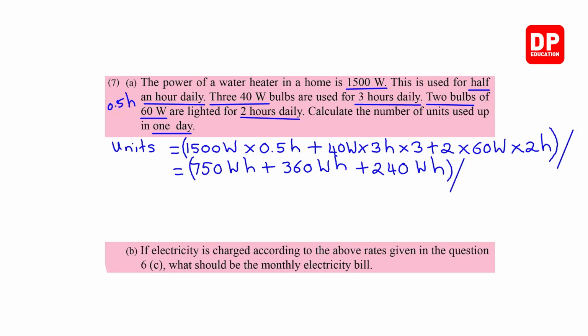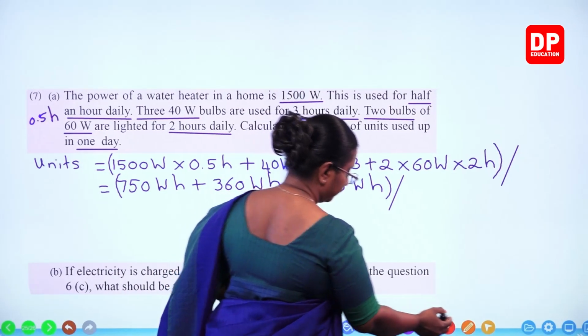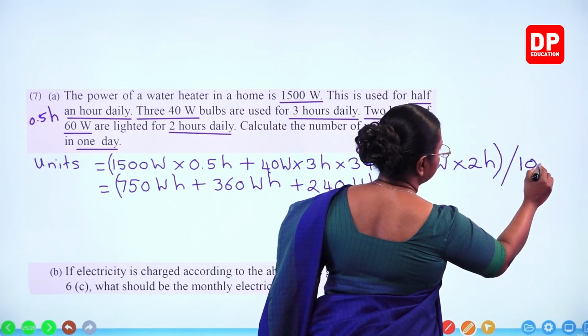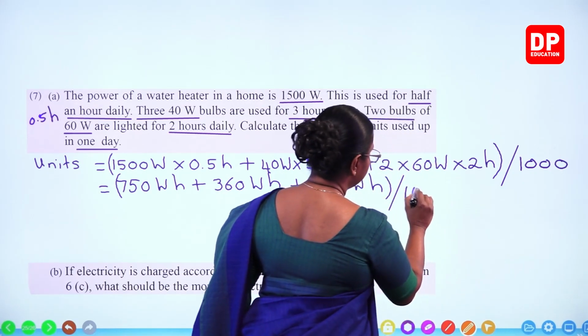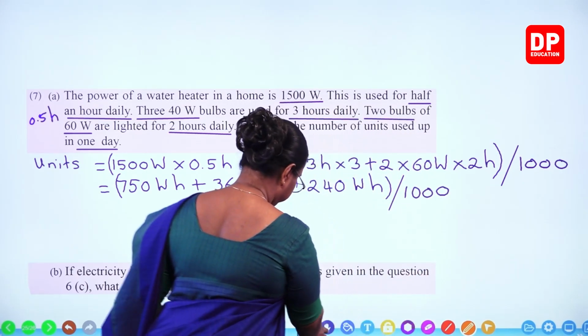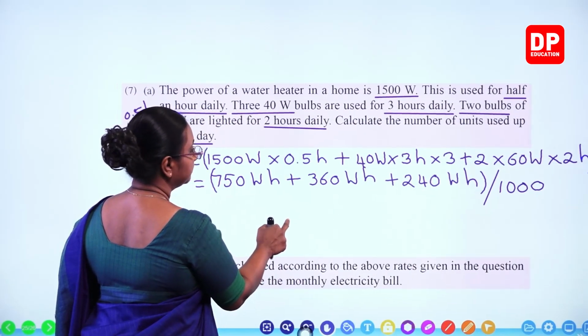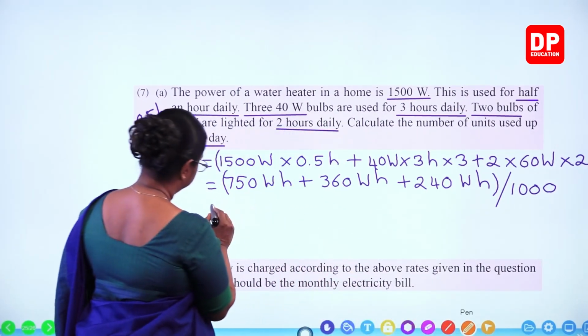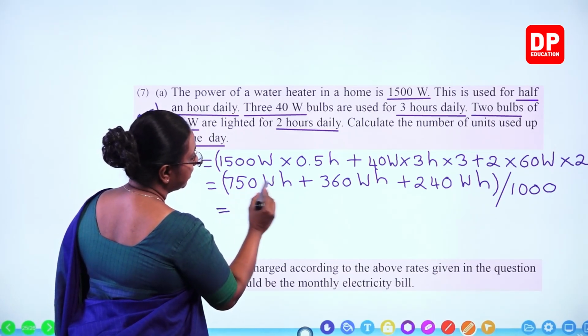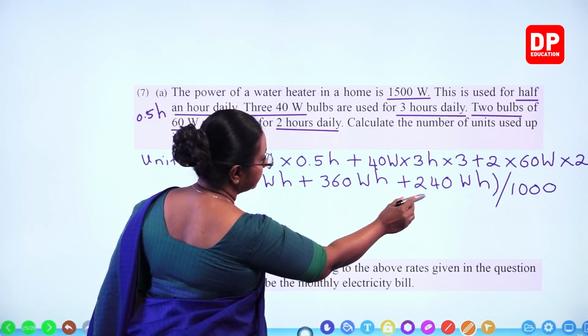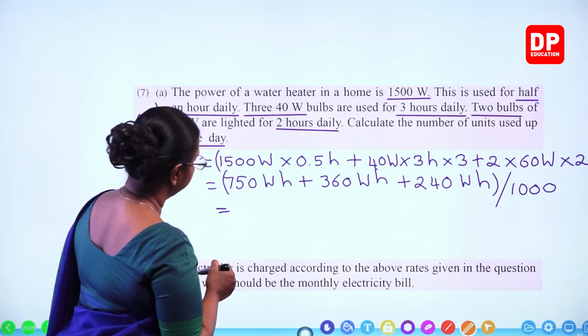We have to divide this by 1000 so that we get it in kilowatt hours. So there, if we look at the calculation, you can see 750 plus 360 plus 240.